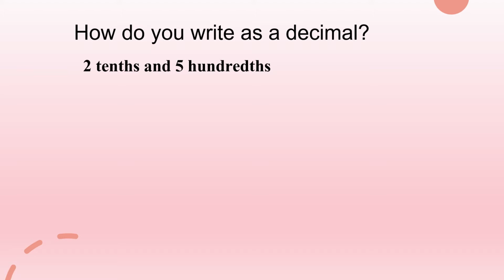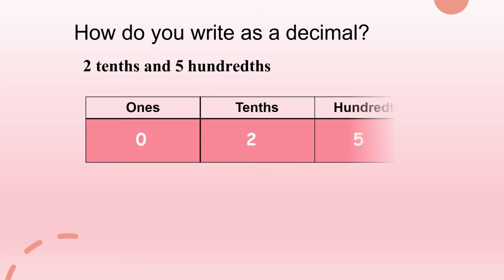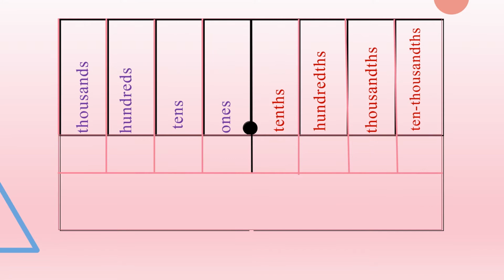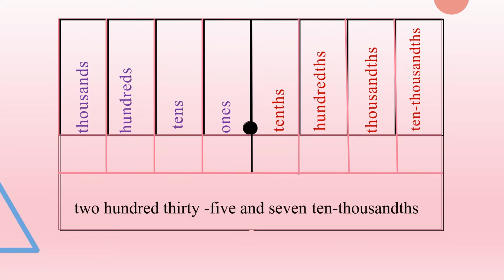Otherwise, we can draw the place value chart. Shall we draw? So, decimal lies between ones and tenth. Now, how will you write 235 and 7/10,000 as decimal? So, let us mark the numbers in the place value chart. 235 is the whole number.